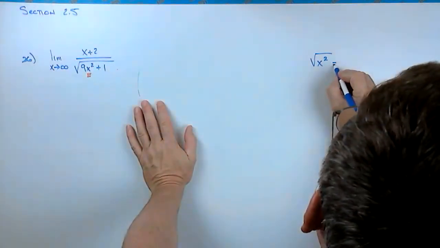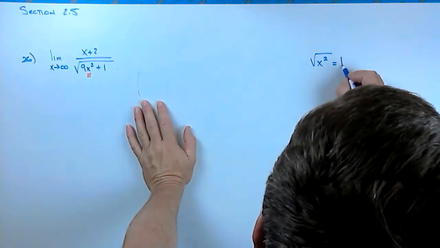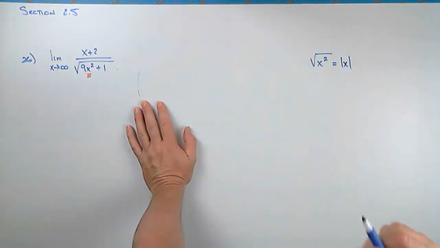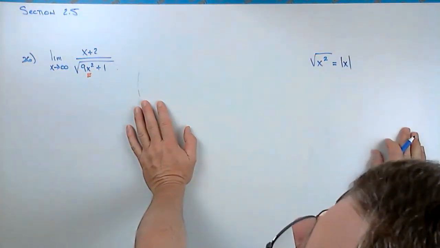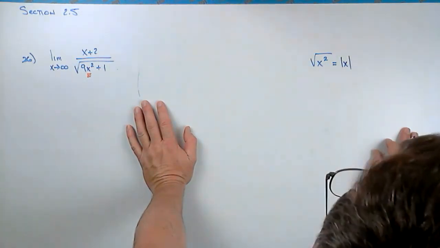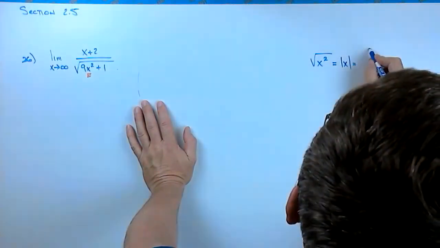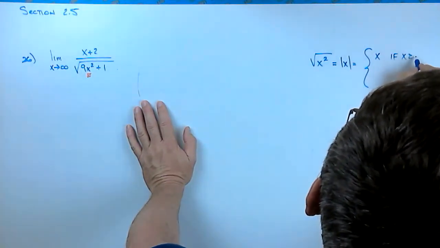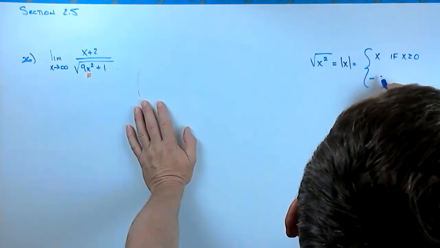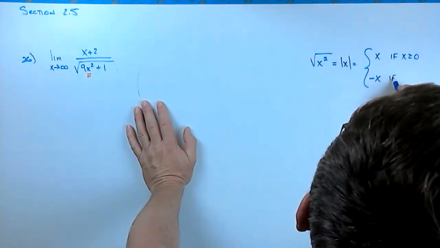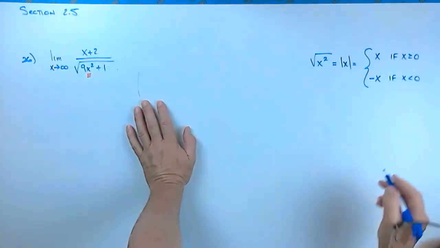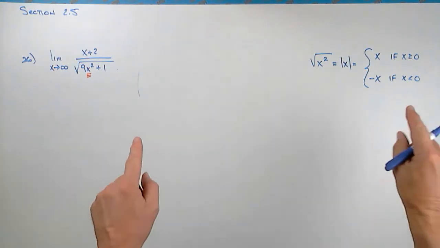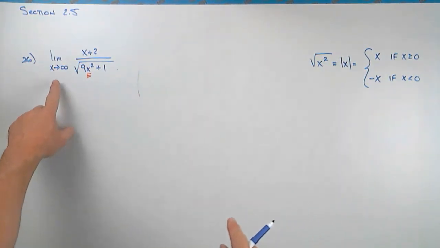And we know, based on what we talked about in class, that this equals the absolute value of x, which means I can replace it with x if x is greater than or equal to 0, and I can replace it with the opposite of x if x is less than 0. That's what this problem is checking.